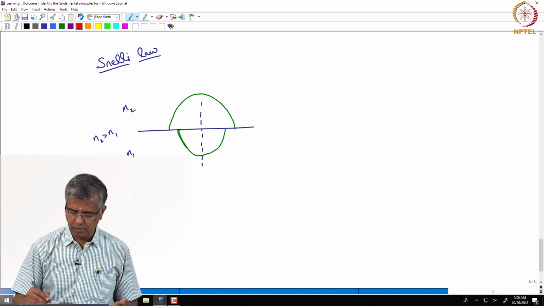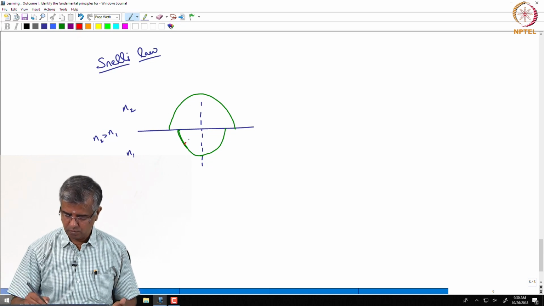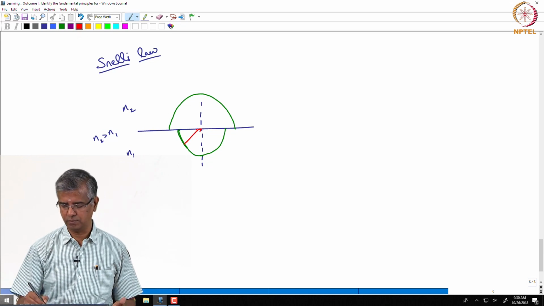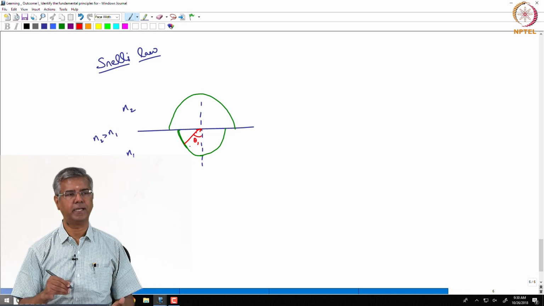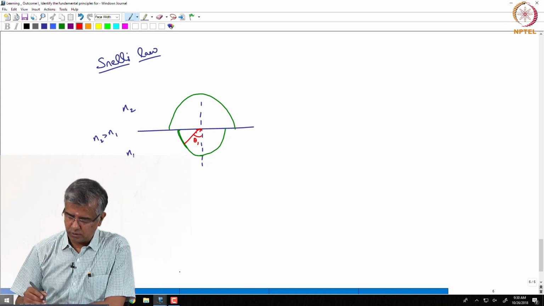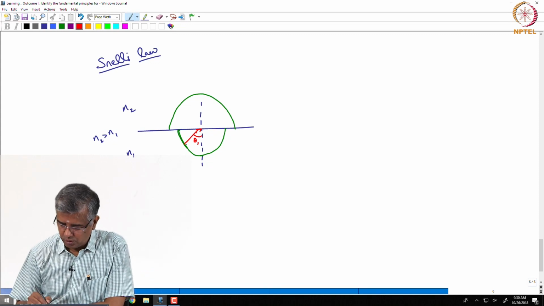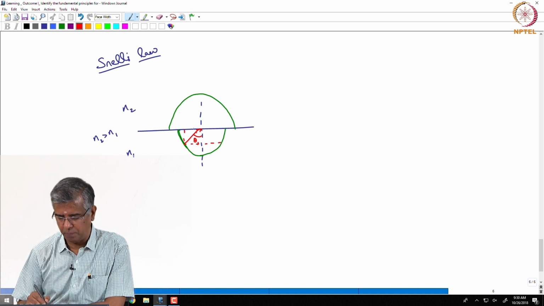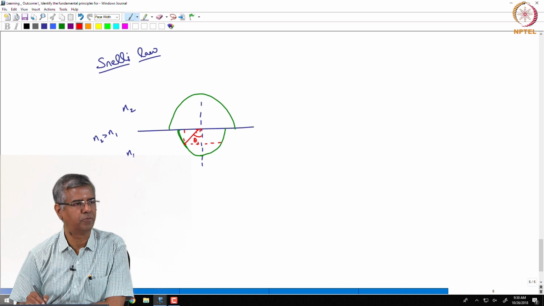Now, if I have a wave that is incident on this medium at an angle, let us say theta 1, okay. How do you figure out theta 2? You basically say, okay, this is going to have a component along the surface, that's what you call a tangential component.